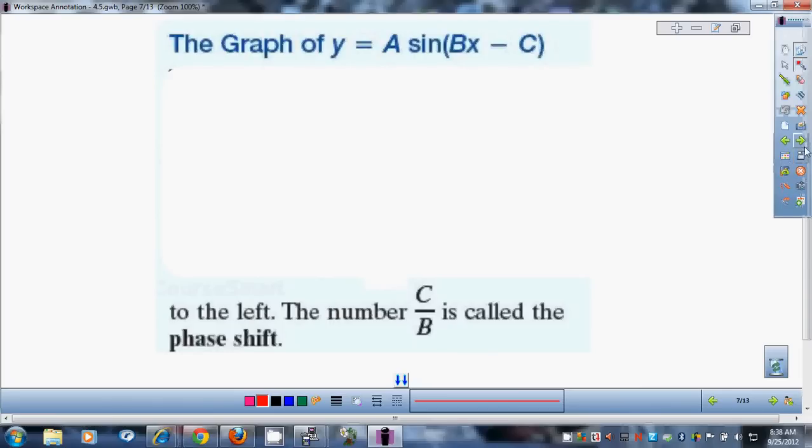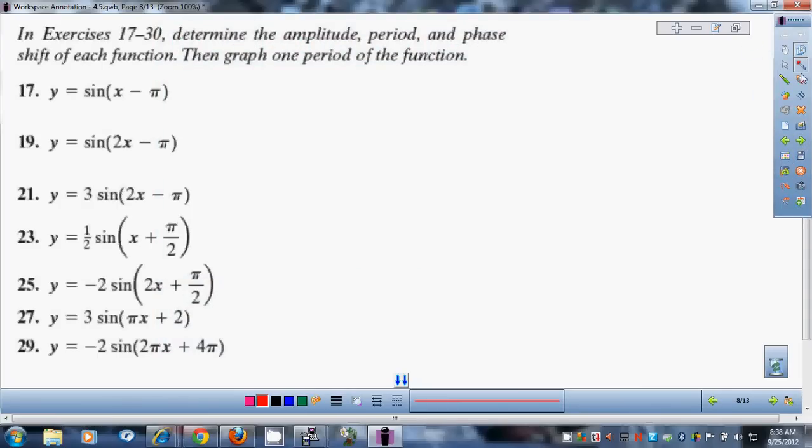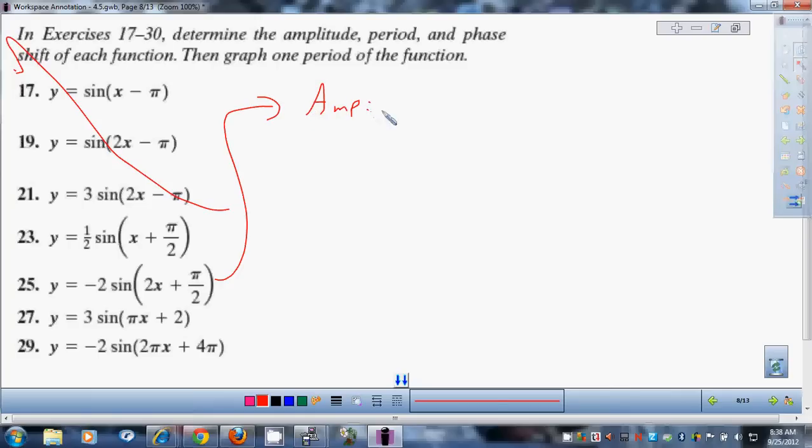Let's look at one. All right, find the amplitude, period, and phase shift. Let's just do all three. Let's look at 25. What is my amplitude on 25? Positive 2. That's right, positive 2.